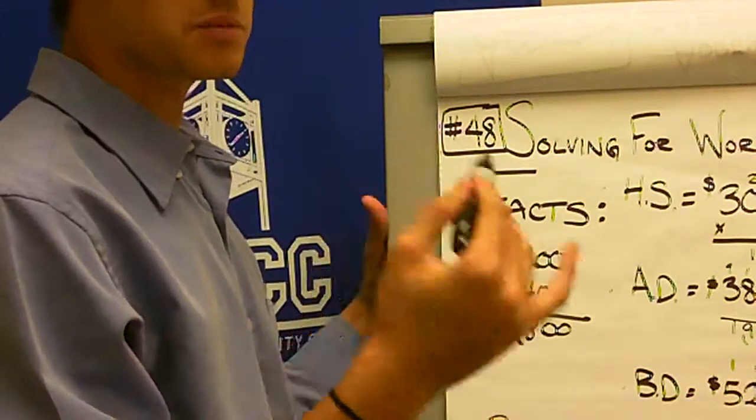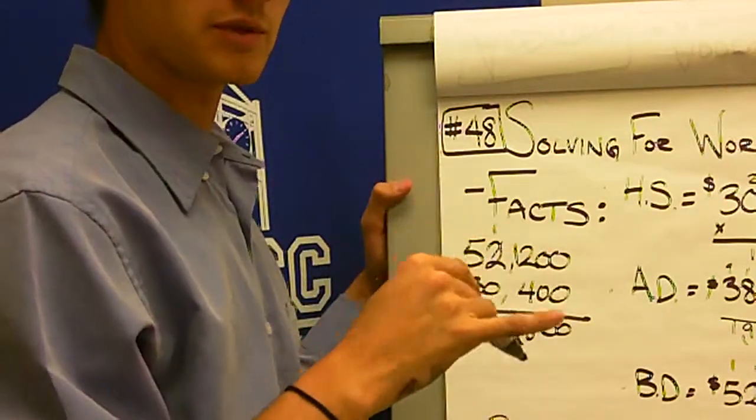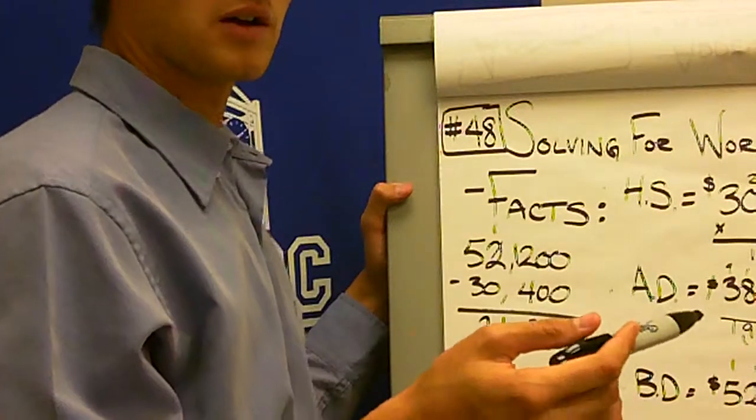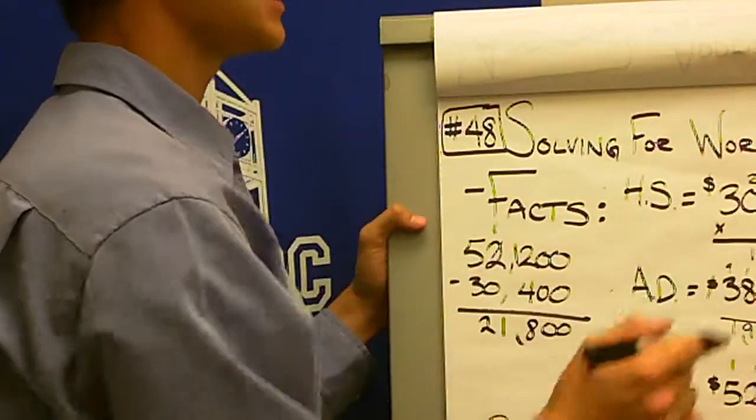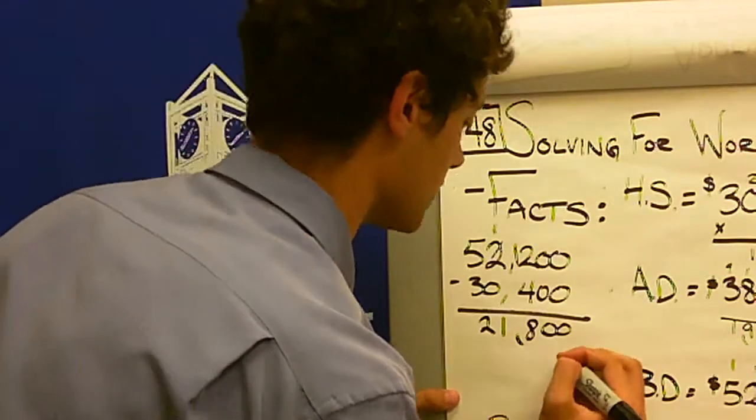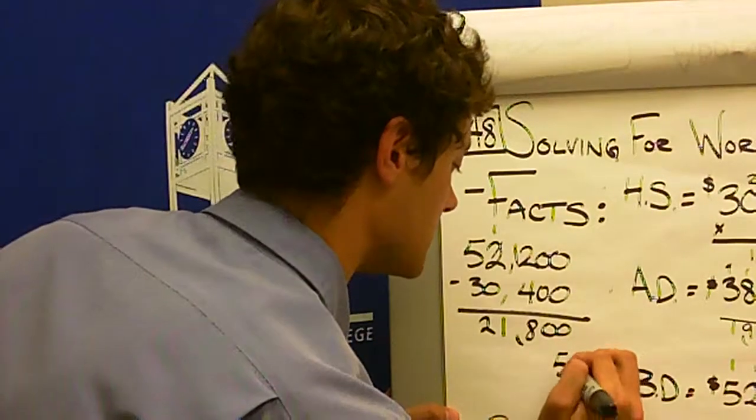Now, that's how much more a bachelor degree graduate will make each year than a high school graduate. So we also have to factor in our 50-year working life, so I'm going to multiply that by 50.